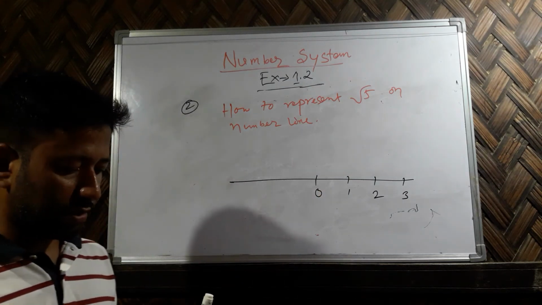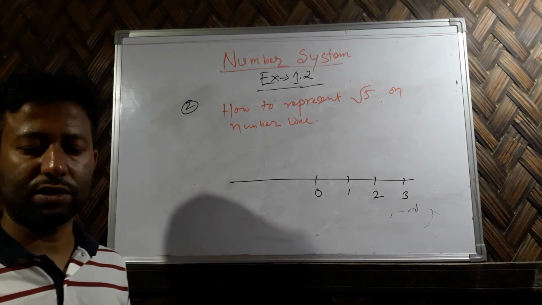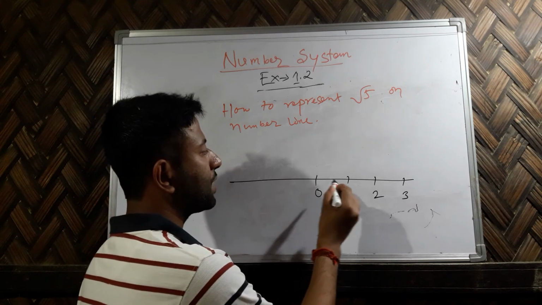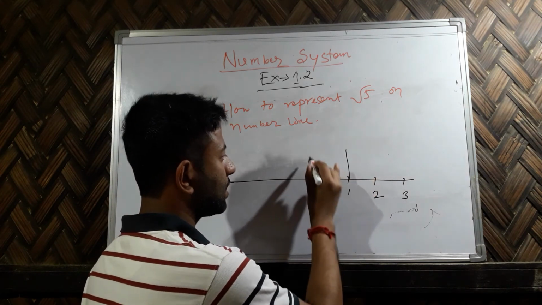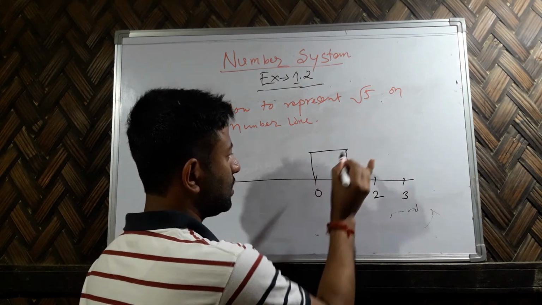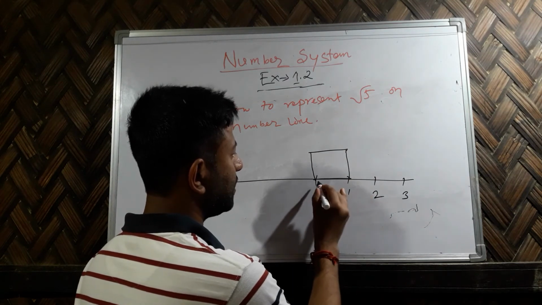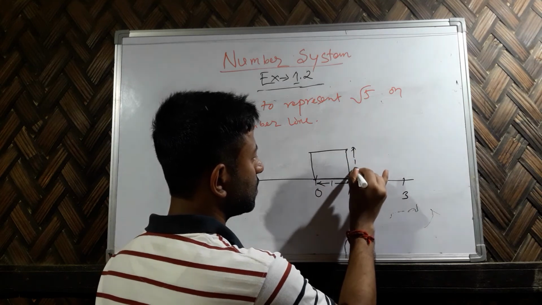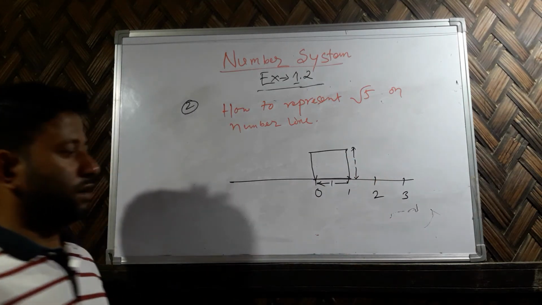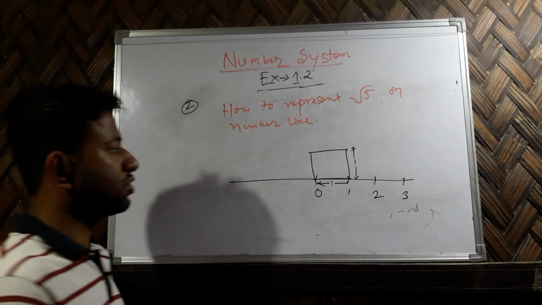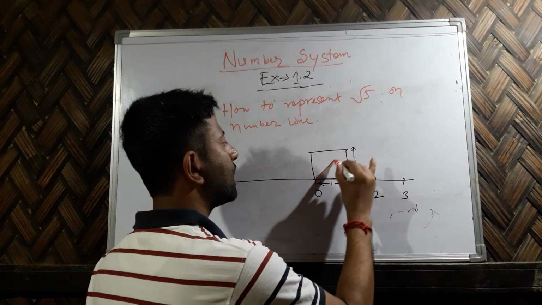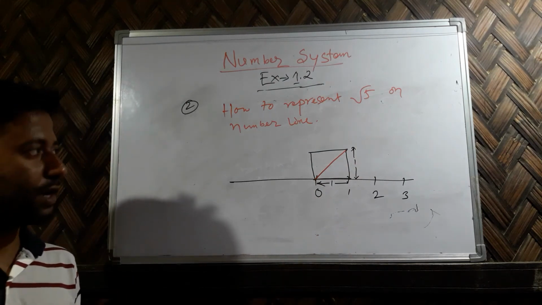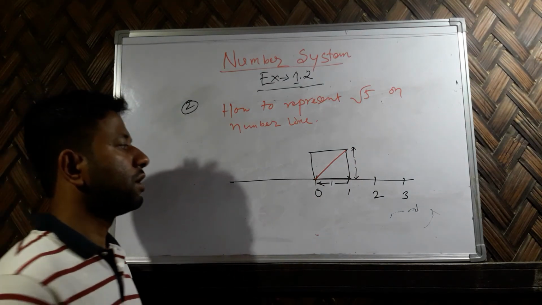तो इसका कुछ मेथड है, ग्राफिकली हम लोग इसको रिप्रेजेंट कर सकते हैं. तो फॉर दैट द फर्स्ट इज मुझे यहाँ पे क्या करना पड़ेगा, एक ऐसे करके एक स्क्वायर ड्रॉ करना पड़ेगा. तो ये स्क्वायर का जो ये साइड है, this is equal to 1 and this side also is 1. अच्छा, now मैंने एक हाइपोटेनियस ड्रॉ किया यहाँ पे, और ये तो राइट एंगल ट्राइंगल है. अब राइट एंगल ट्राइंगल का ये हाइपोटेनियस जो होगा वो क्या होगा?